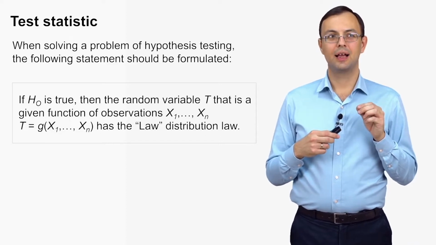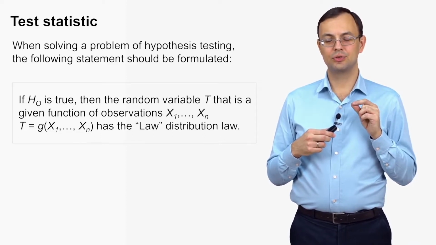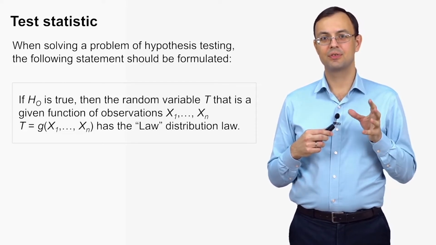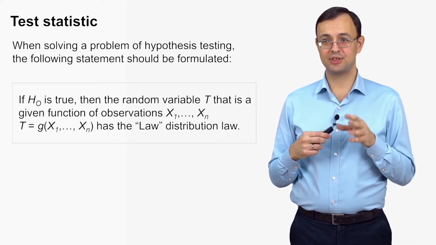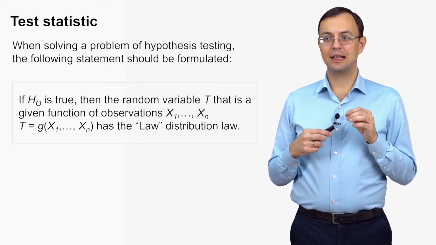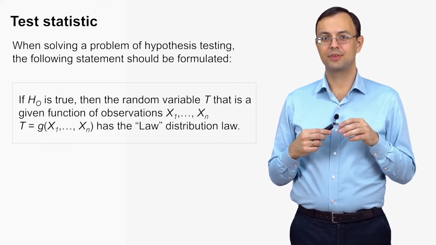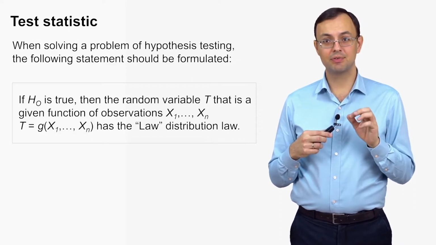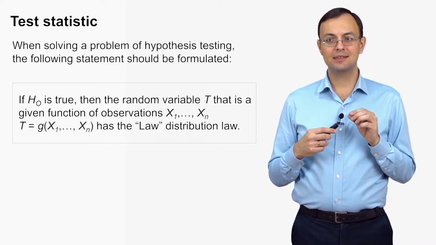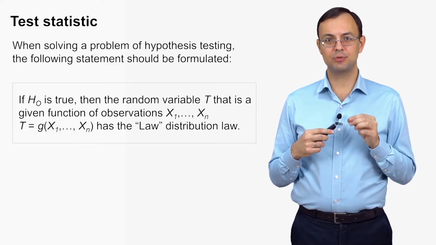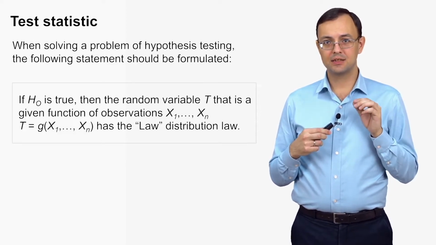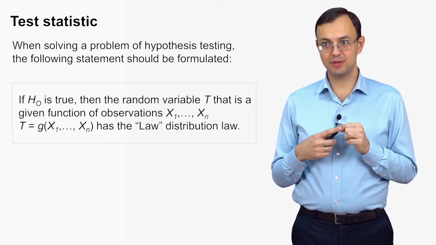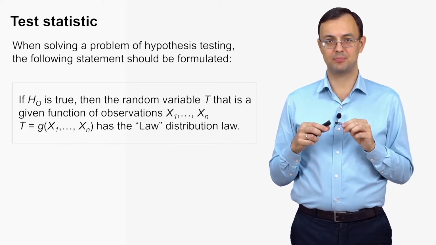So you are going to have a statement that states that if H0 is true, if the null hypothesis is true, then a statistic, that means a random variable that is a function of observations, a given function of observations, has the given distribution law. And so here the function g must be given and the law distribution must be given.